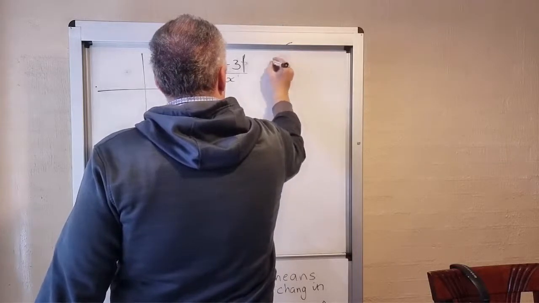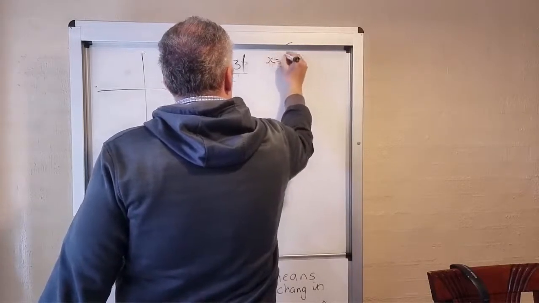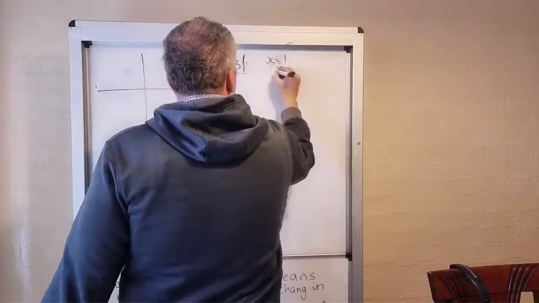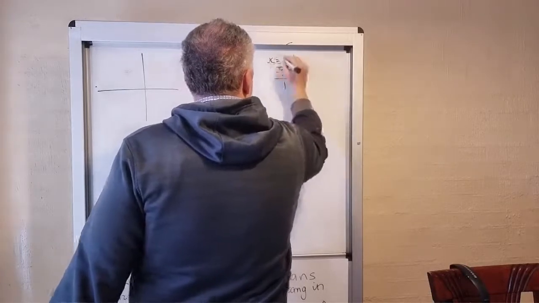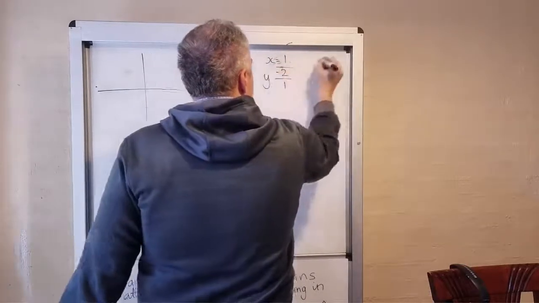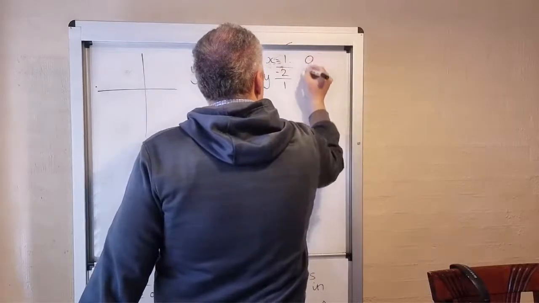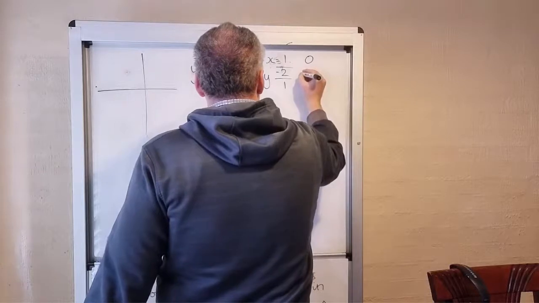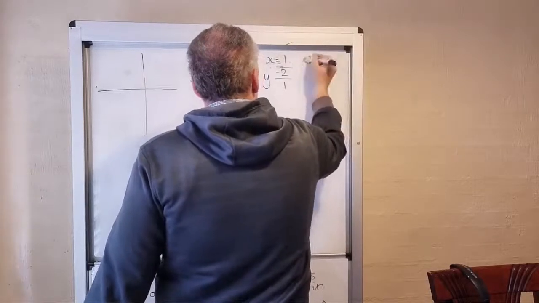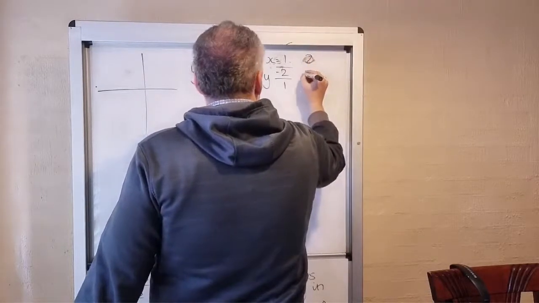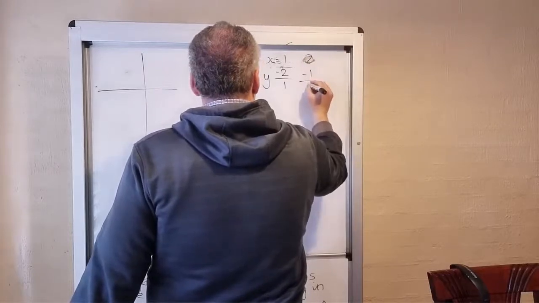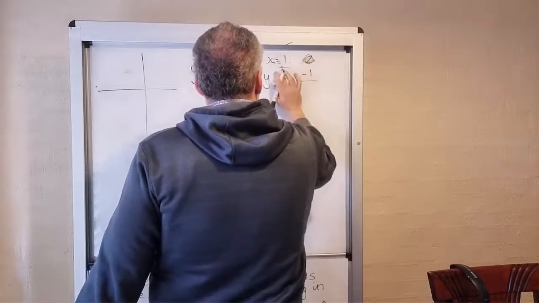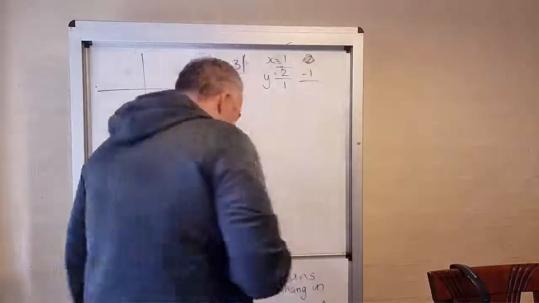So you end up with minus 2 on 1. Then you chuck 0, and then you chuck 2, you end up with minus 1 on, you end up with 2 on 1.